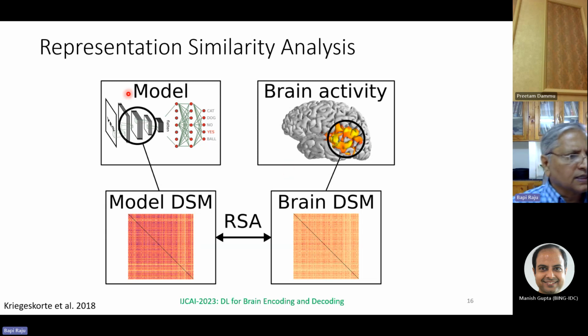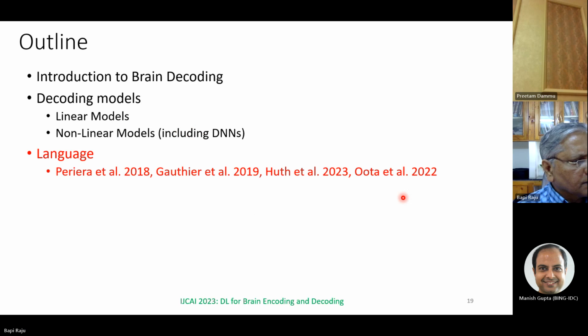That tells you whether the model and the brain have similar representational dynamics when they are encountering these different concepts. So this is one kind of representational evaluation metric for the decoder models.